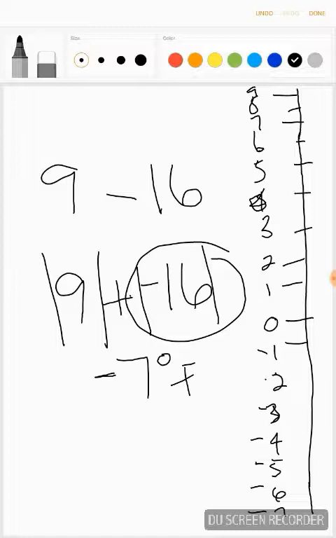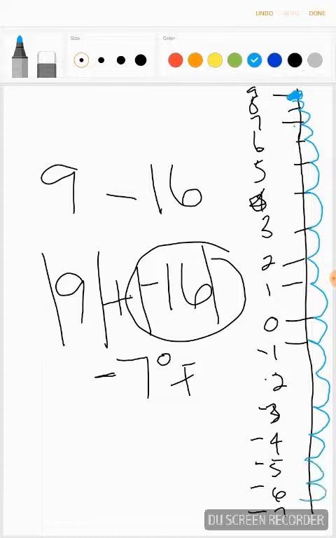So it tells us we start at 9. So we're going to start right here. But before 9 o'clock, it was 16 degrees cooler because it says after the sun came up, it rose 16 degrees. So we want to know how much was it before. So then we would just go by 16. So 1, 2, 3, 4, 5, 6, 7, 8, 9, 10, 11, 12, 13, 14, 15, 16. That would have given us a negative 7.